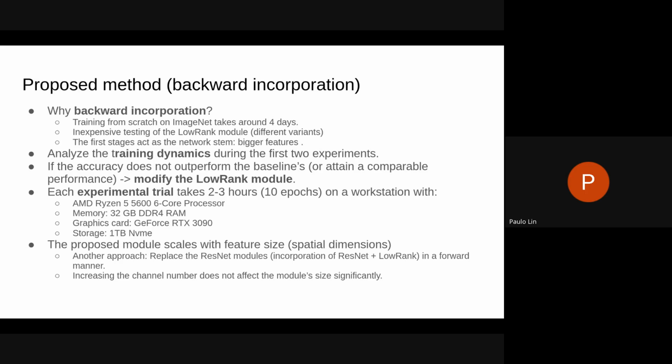And if the accuracy does not outperform the baseline, or is not comparable with the baseline, then I just modify the low rank model. The interesting thing, or the benefit, of using this backward incorporation is that I can just modify the low rank model and verify its functionality in 2 or 3 hours.